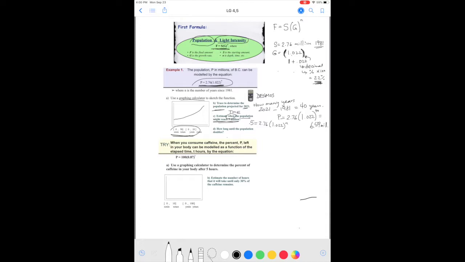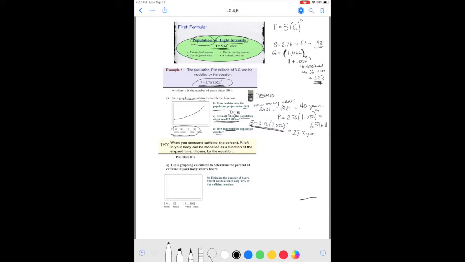Now this is a little tricky because I haven't taught you log equations yet. So we'll just use our calculator and type this in. And the time is, for this one, 27.3 years.